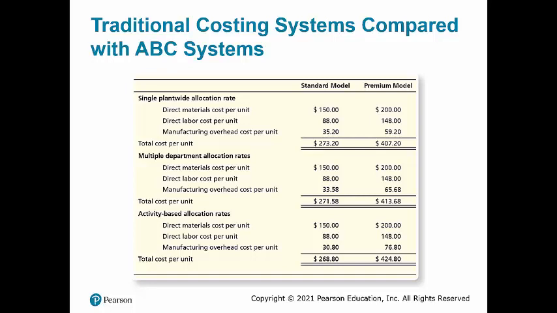In the activity-based allocation rate, we used 3 different activities: setup, production, and testing. We can see that we have been refining the cost per unit as we use more activities or allocation bases. For the standard model, the cost per unit has actually gone down using activity-based allocation rates, and for the premium model, it went up.